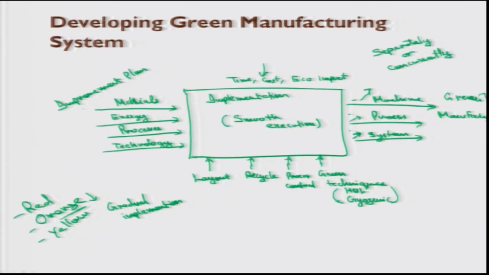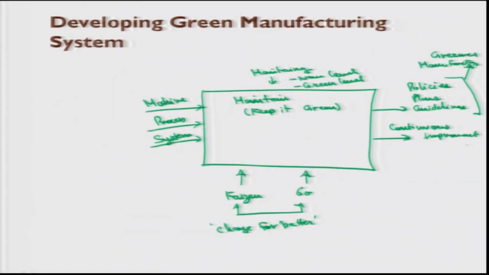And this better improvement plan here is implemented using the implementation tools here, better layout. We can have transportation models, recycling plan, process control and green technologies like molecular and cryogenic, and we will have a better production, that is green production. Then that needs to be maintained here.